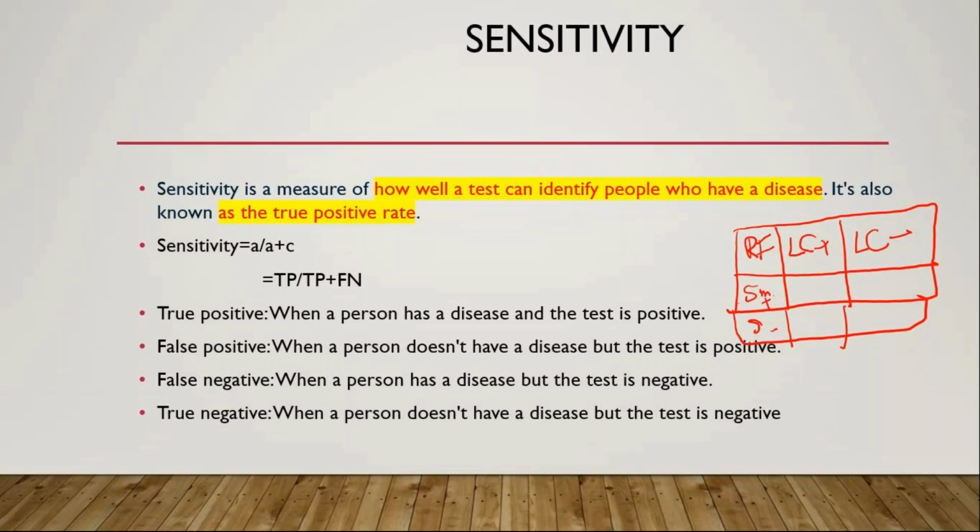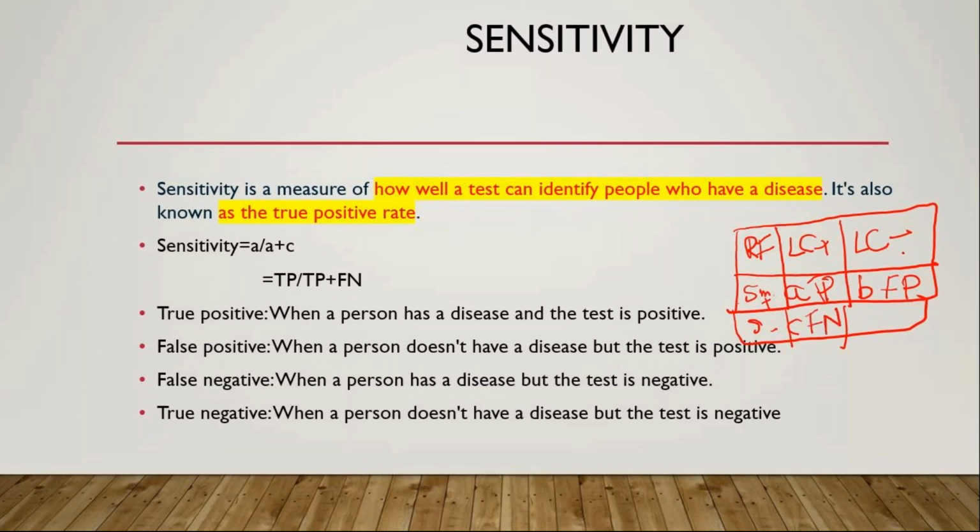A true positive is a person that has a disease and the test is positive. If a person has lung cancer and smoking is also present, then write A, that is true positive. If the person does not have lung cancer but the risk factor is present, that is smoking is present, then write B, that is false positive. If the person has the disease but the risk factor is absent, then write C, that is false negative.